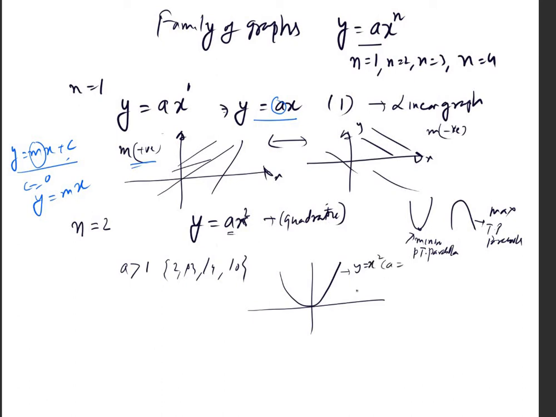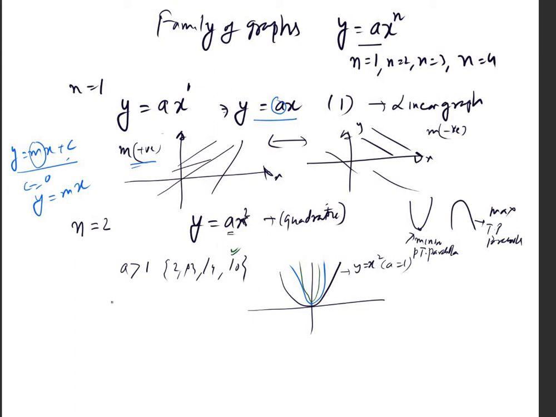That means a equals 1, correct? Now if my a is 2 or 3, you know what will happen? The graph starts to become squishier and squishier. As the value of a goes up, the graph will start to pull itself closer to the y-axis.